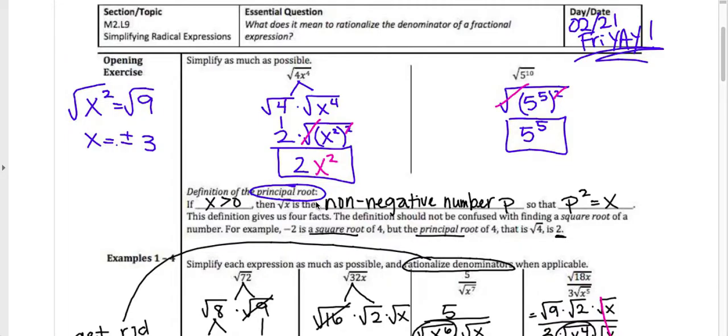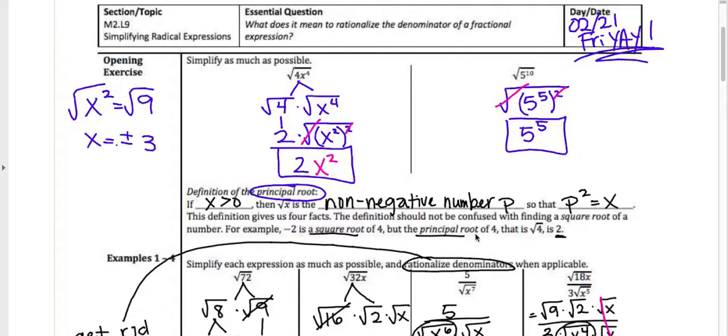And so the principal root means that if I have some positive number in here, so x greater than 0, if I took the square root of it, or the principal root of it, then I'm really referring to the non-negative number that would give me that value x if I squared it. So for example, negative 2 is considered to be a square root of 4 because, again, if I squared this number, I would get 4.